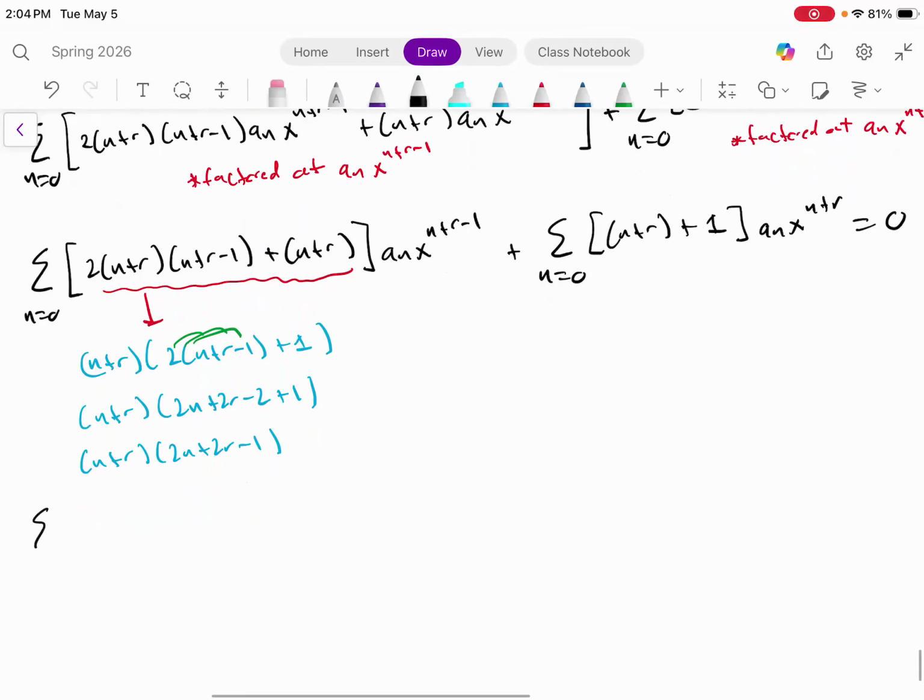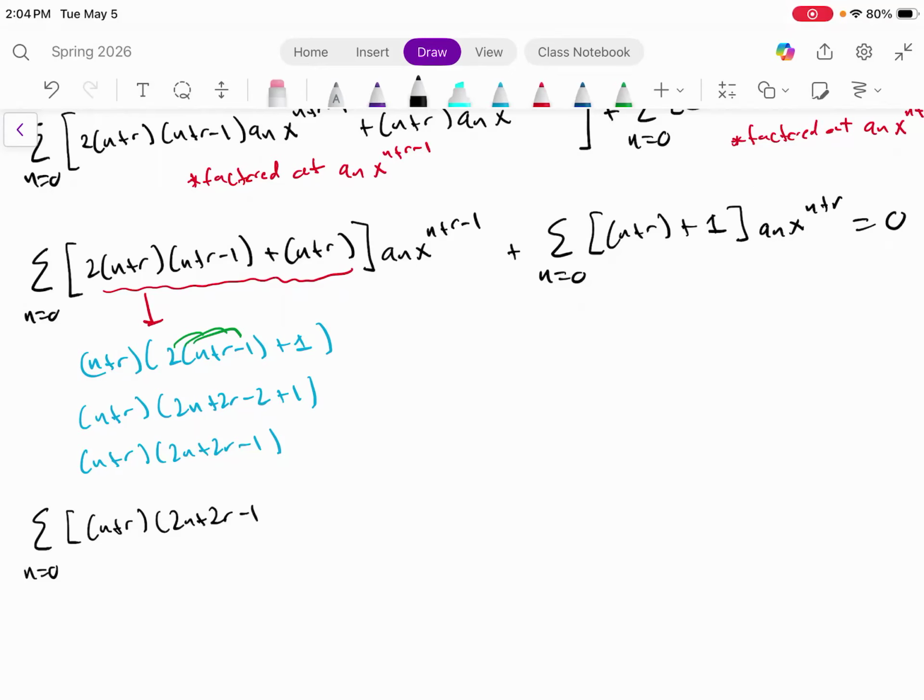And what we're going to do next is factor out some more terms. But let's just rewrite it, to have our next step.